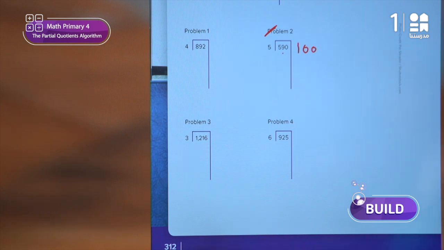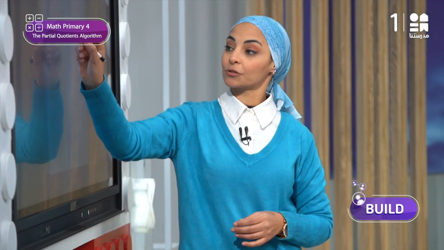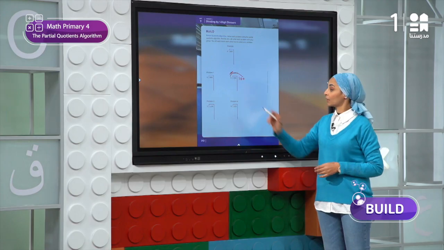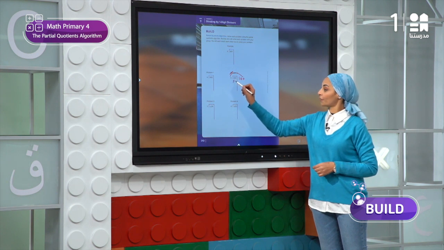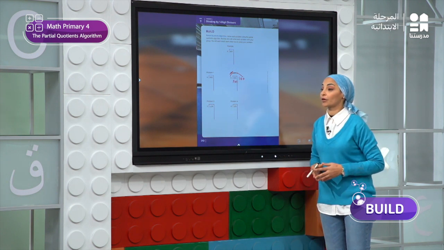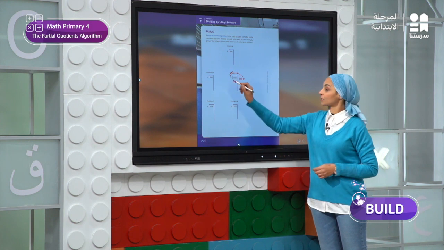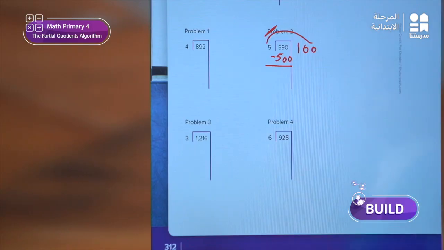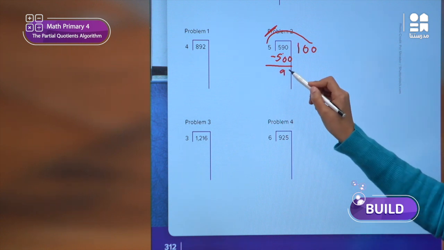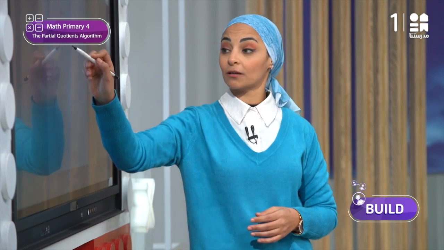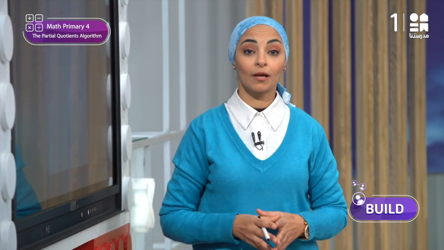Then what should I do? Yes, 100 times 5 gives me 500, so I will write the 500 under the 590. Then I will subtract these two numbers. 590 minus 500 equals, of course, 90. Then what should I do? Ask yourself, is 90 a multiple of 5?